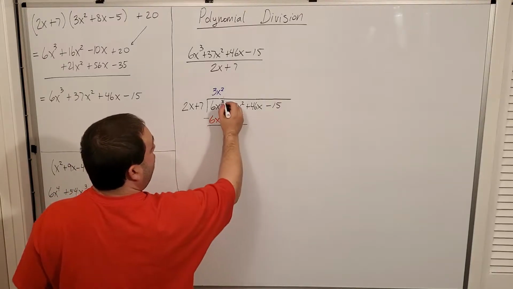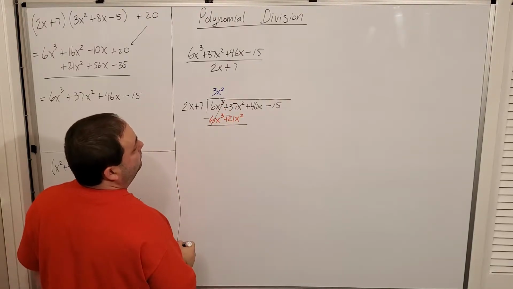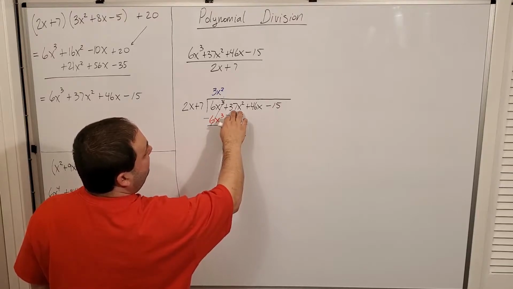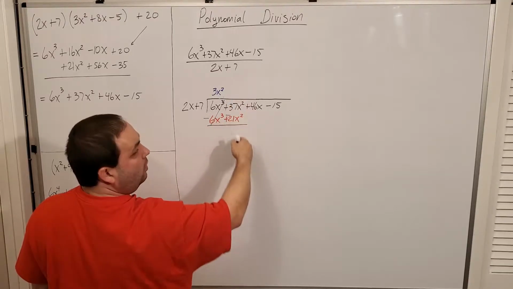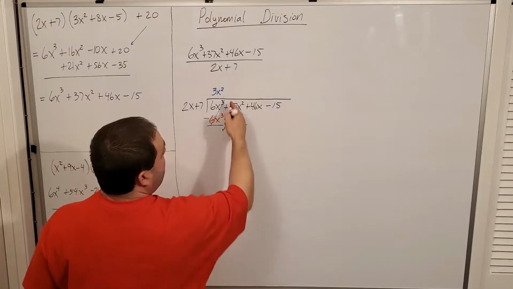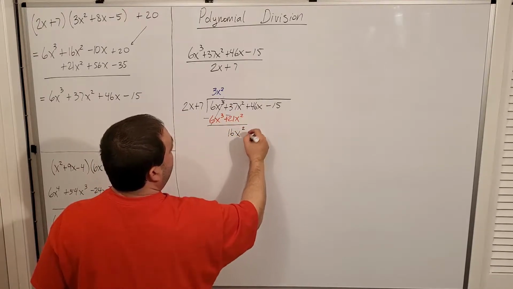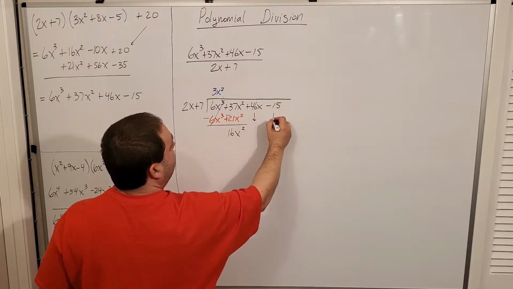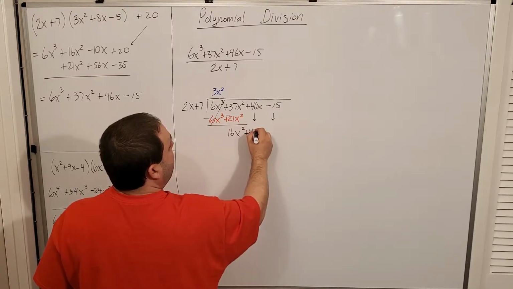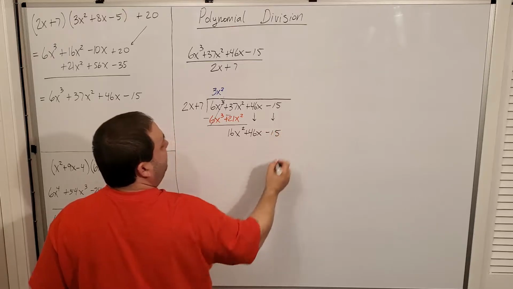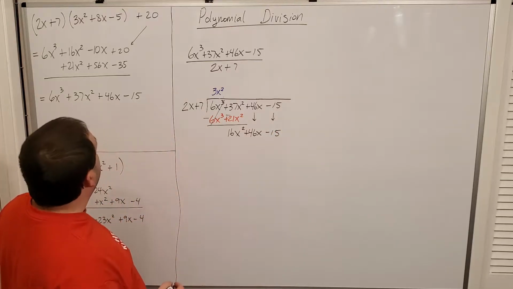The front guy should wipe out, like so. And then I've got 37 minus 21 in the x squared column. So that's going to give me 16x squared. And then the rest follows. Plus 46x minus 15. All right.